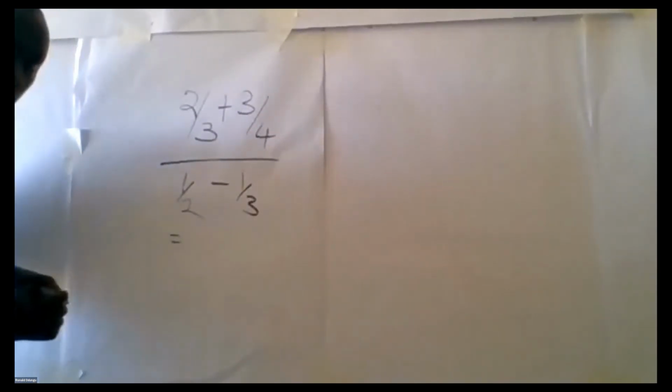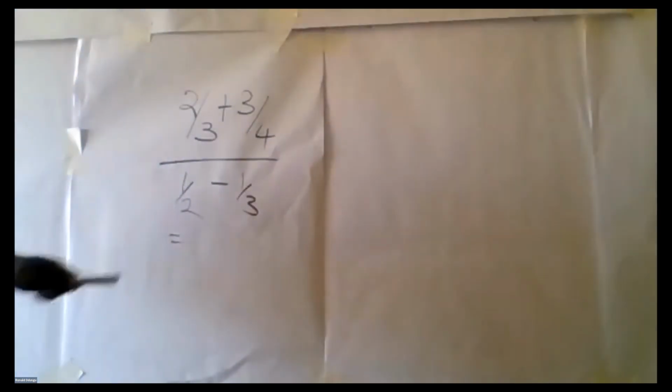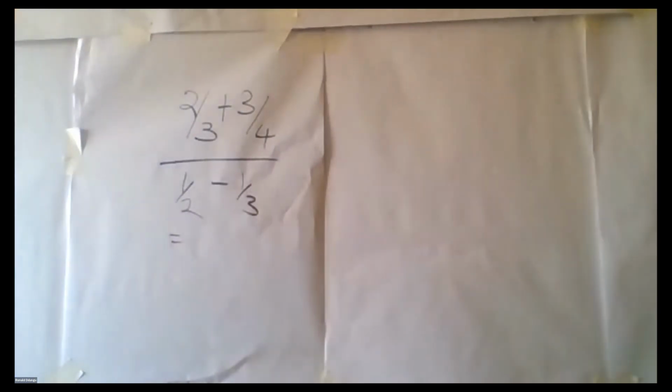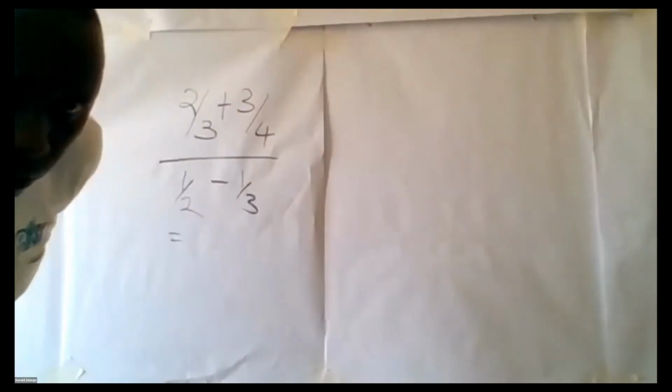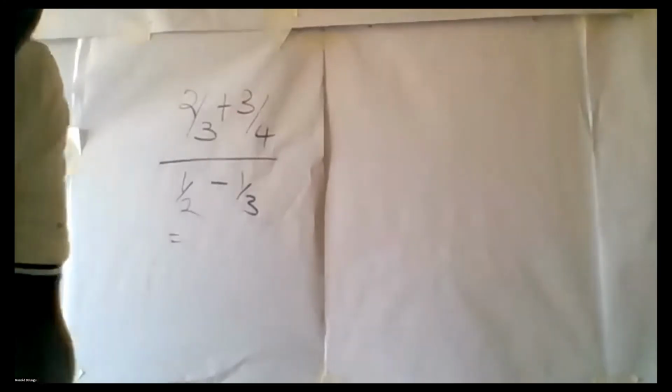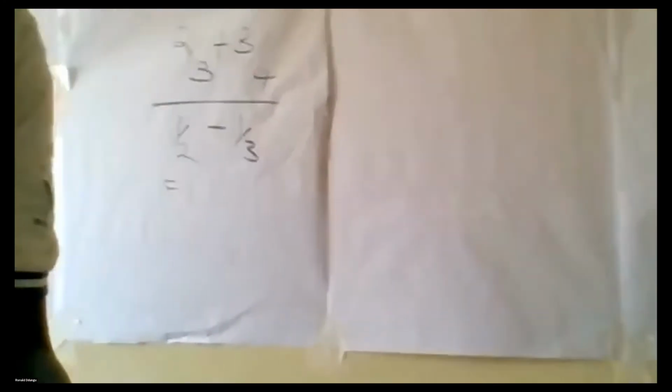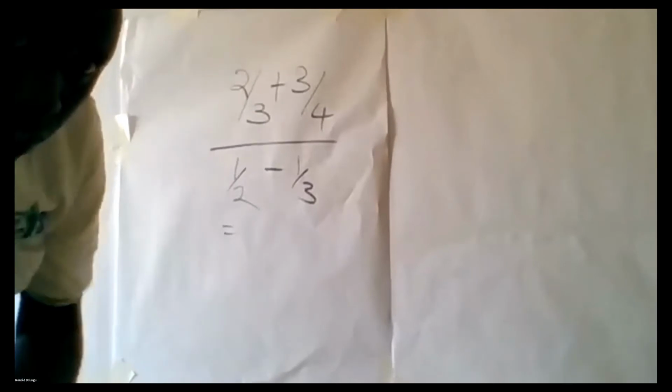And then I can continue then. So we cannot see you. Mr. Kaziba, can you see? Yes, I can see. You have written the fraction. But they say it's not clear. Is it clear or it's not? It is clear. So I can see.